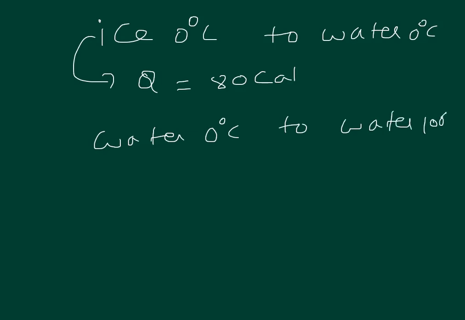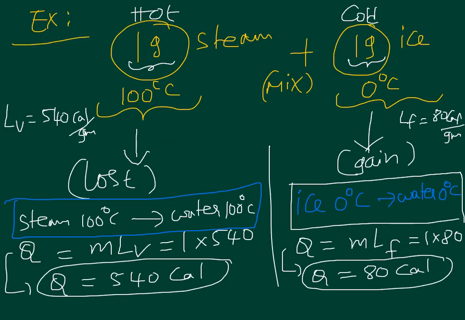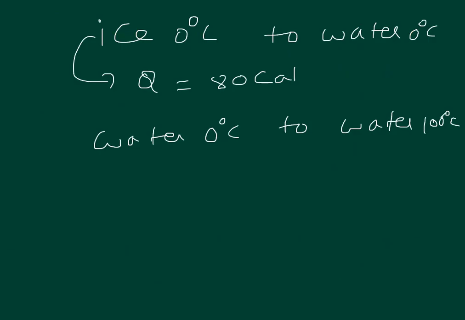Why are you taking it till 100 degrees centigrade, sir? Because here water is at 0 and here water is at 100, and they are not in equilibrium. If both bodies acquire the same temperature, then we can say they are in equilibrium. To get the equilibrium condition from the ice's point of view, I am not touching the steam.